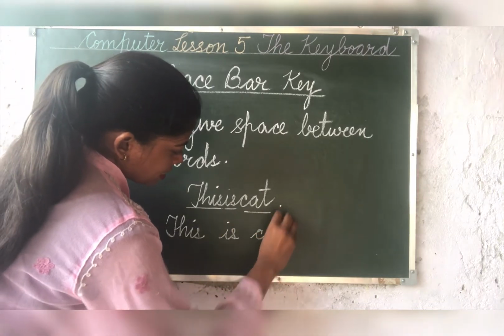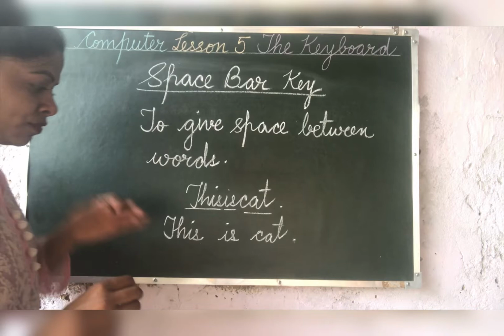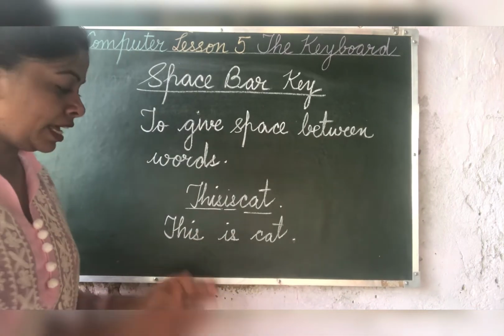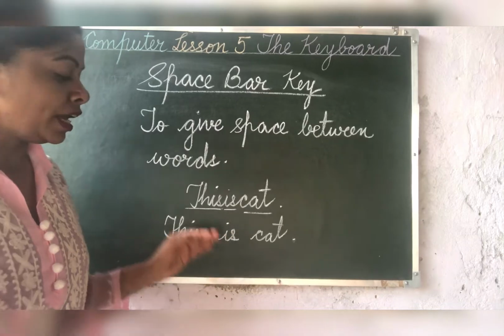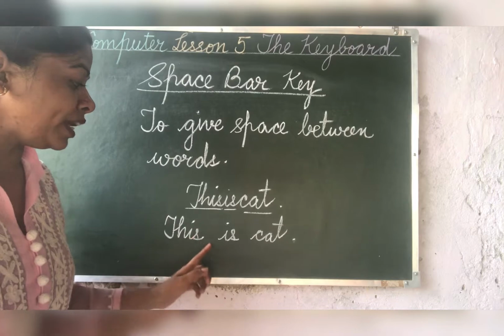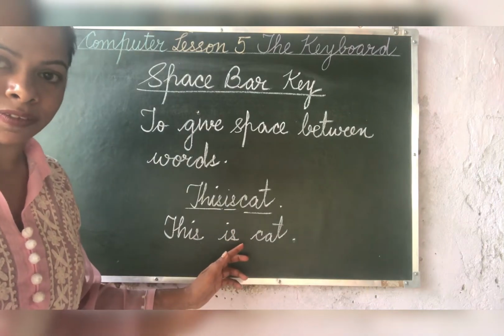This is cat. Now children, I have given a space between the words, and so we can read the sentence easily. This is cat. So children, we use a space bar key to give a space between two words.